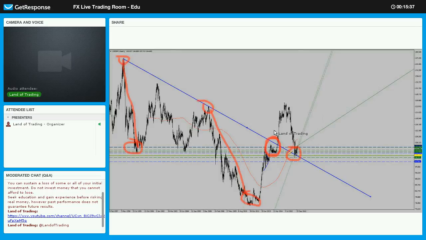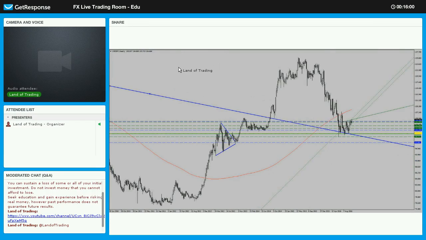It broke to the upside, so right now we are retesting this broken trend line. I mentioned that as long as we are above this trend line, there is simply no reason to sell dollar yen, all right? One more thing.